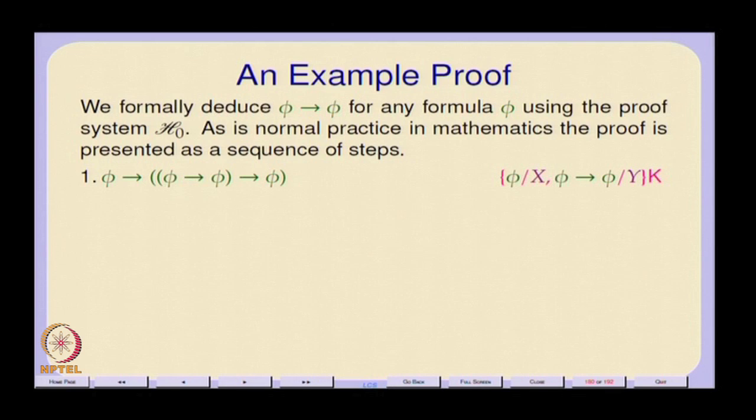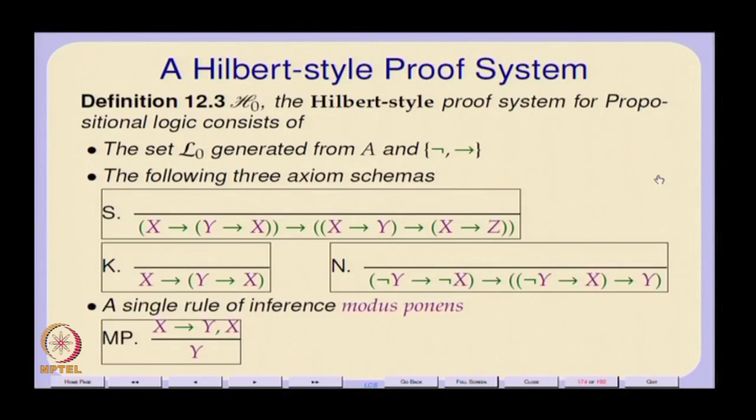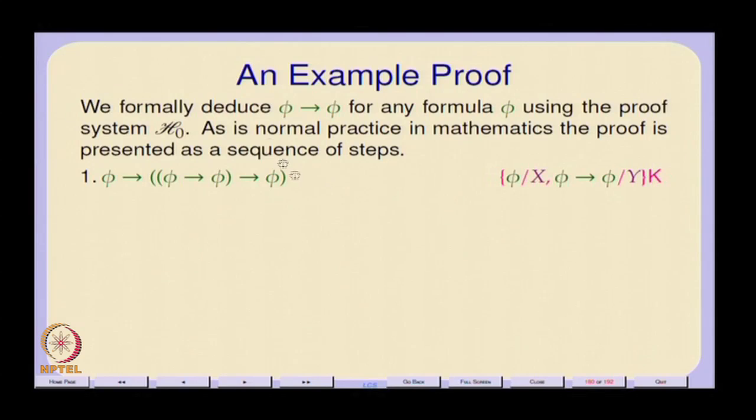Okay. So, we will do an example proof. We also looked at this Hilbert-style proof system, where we have these axiom schemas S, K and N and this rule of inference called modus ponens. Right. So, here is a simple theorem.